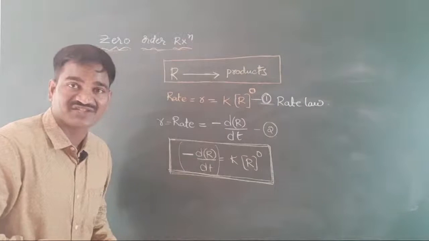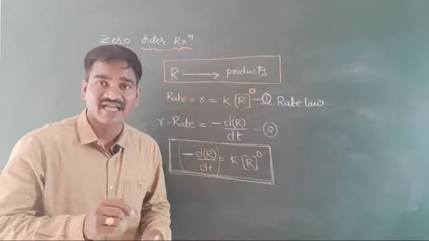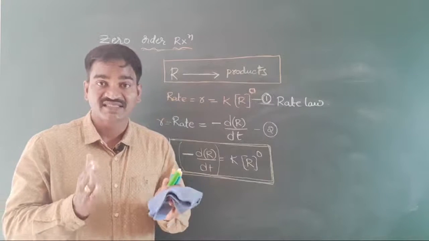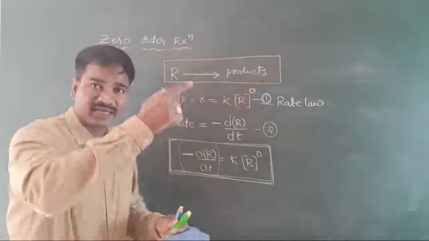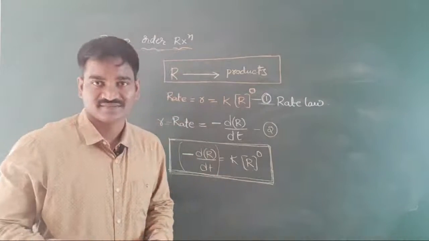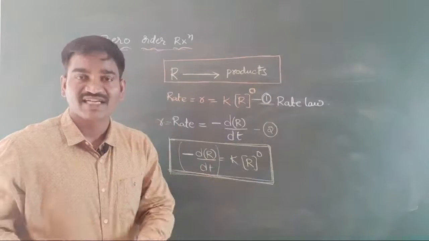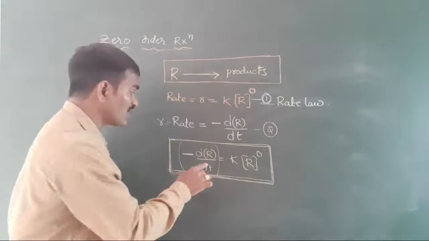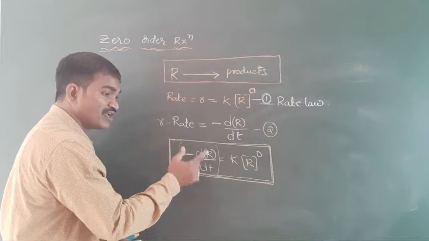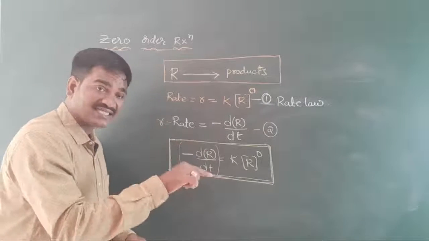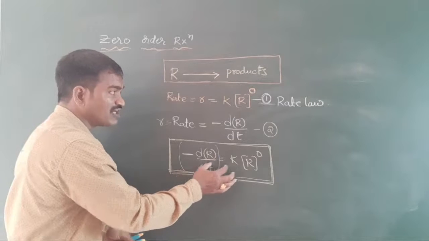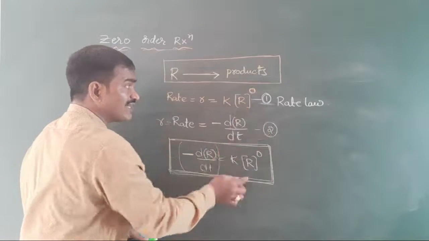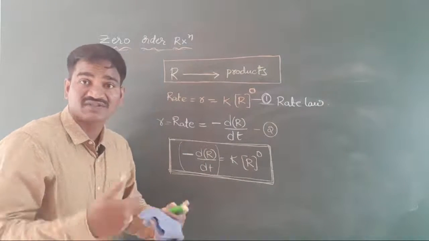Instantaneous rate of reaction. We can calculate it by plotting a tangent, and the slope of the tangent gives the dR by dt value. If you substitute dR by dt value, you will get the rate equation. Then only you can calculate the order of the reaction.